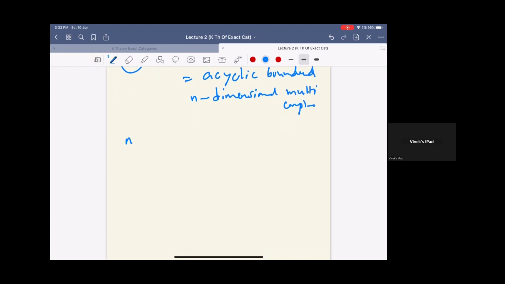For n equals 2, you can see how it looks, because you are considering a chain complex of chain complexes.